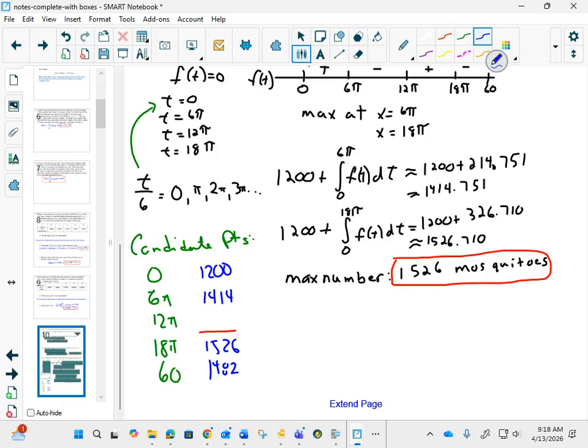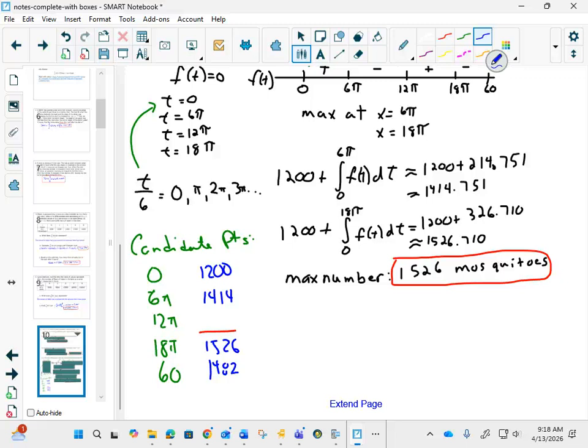You could argue, of course, that you don't need to do this because it's going to be decreasing to that point and then increasing after it. But the exam might want you to show that argument. And I sometimes find that showing the argument is a lot more than just saying, let me just do all the candidate points. It's not hard to retype this into my calculator and just change that to 12 pi, quickly get my answer, and then keep going.